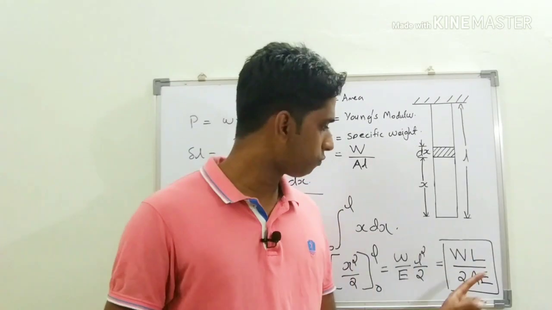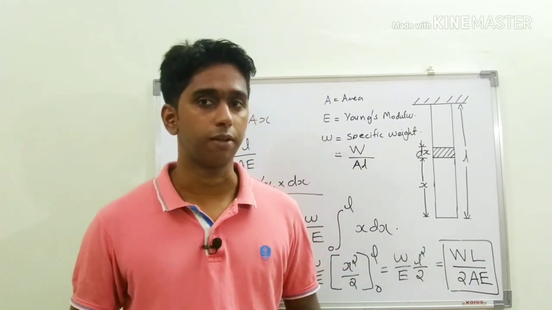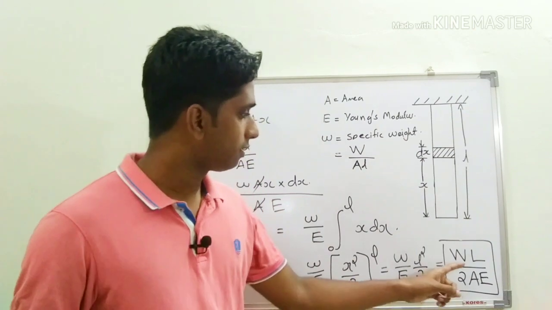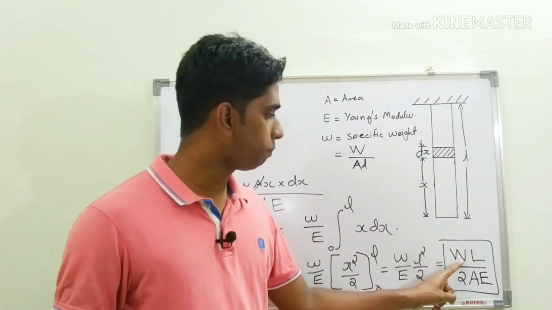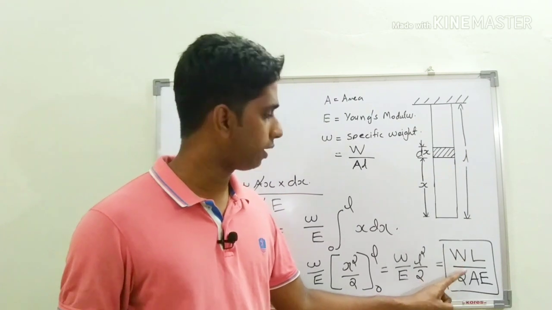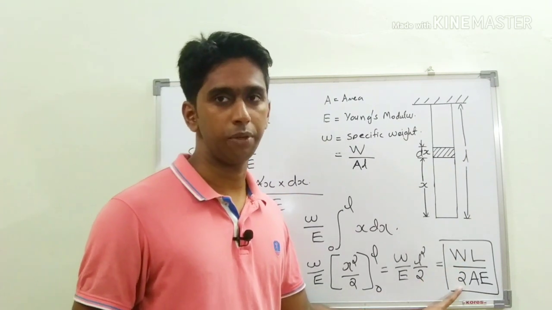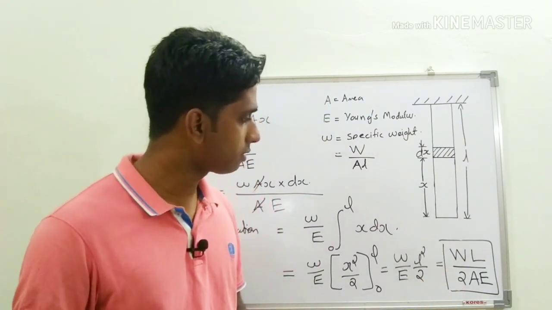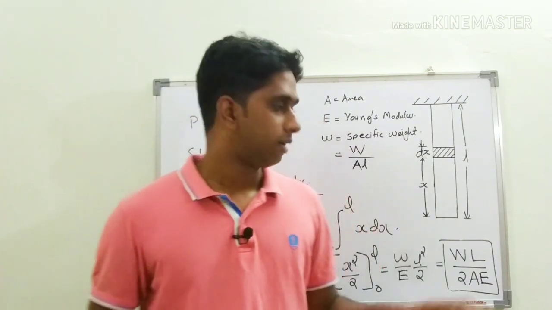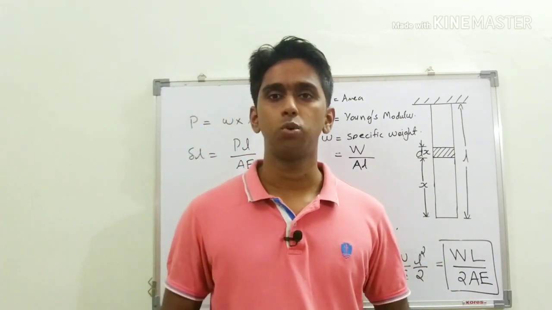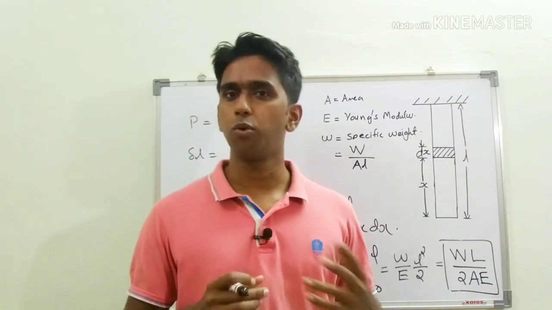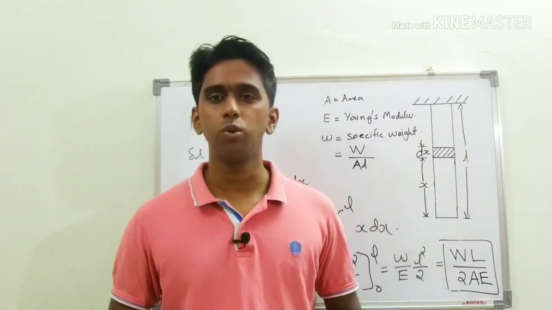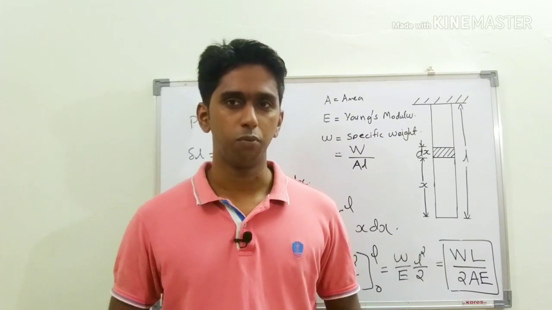If we observe this final equation, it is somewhat similar to PL by AE. Instead of P we have capital W here, and we have a 2 in the denominator. That means the deformation of a body due to self weight is equal to half of the deformation if the body is subjected to a direct load equal to the weight of the body.